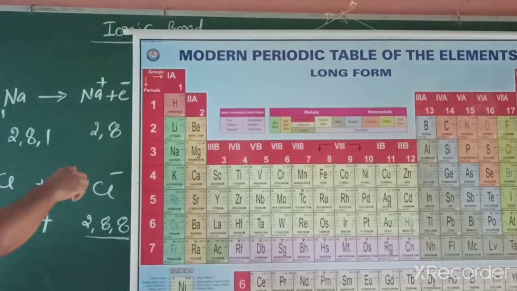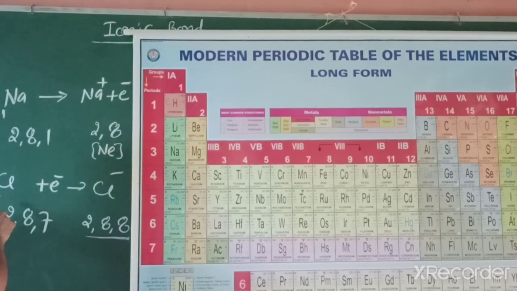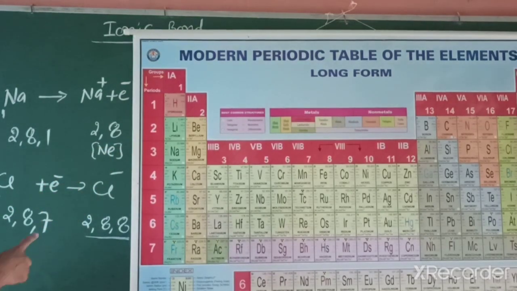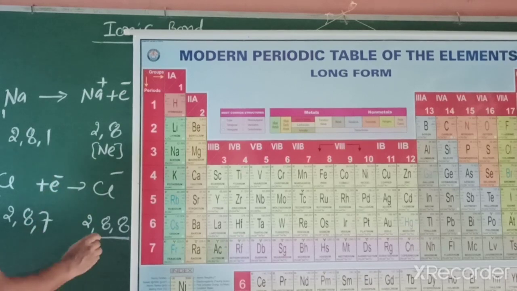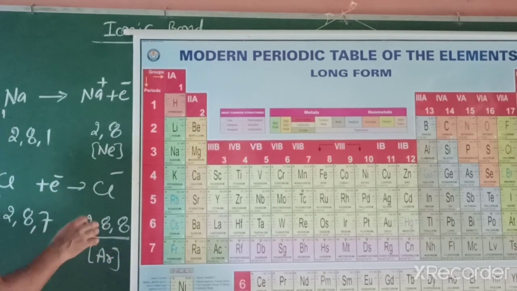Sodium is already stable because its configuration is similar to neon, and chlorine changes into chloride, an anion, with a configuration similar to argon.